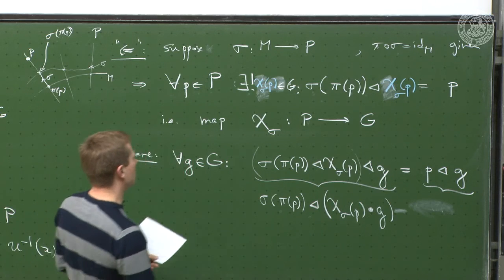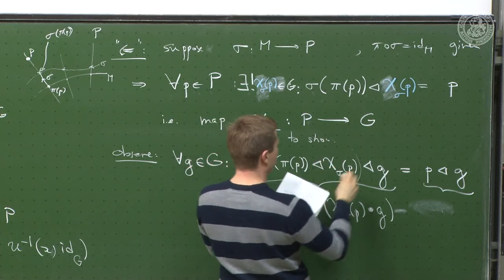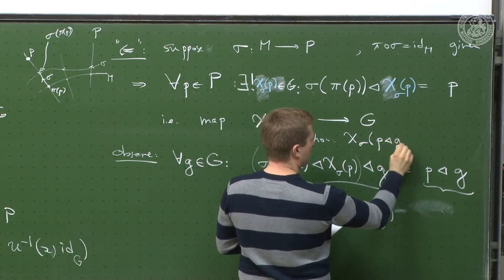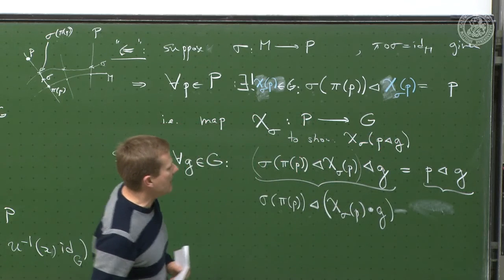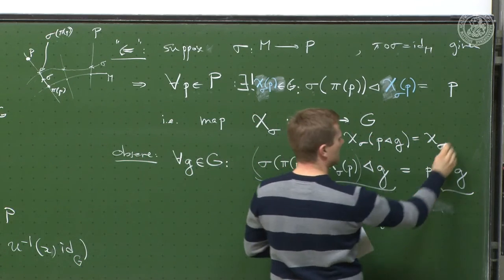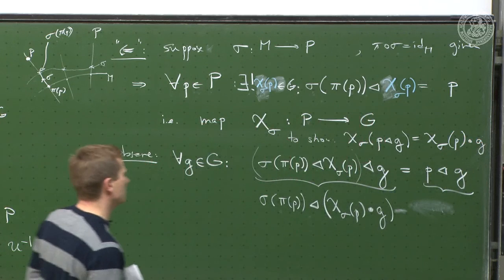So what I want to show is that chi sigma applied after I act on the P is the same as chi sigma of P and then acted on with the G.